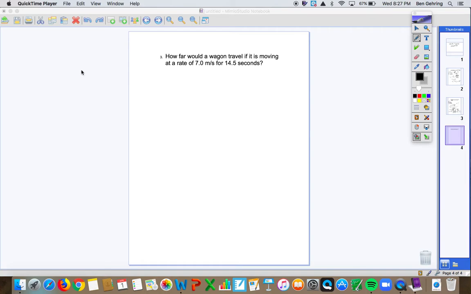And the last question. This one asks how far would a wagon travel if it's moving at a rate of 7.0 meters per second for 14.5 seconds. So I need a wagon. There's my wagon with the spokes and the wheels.